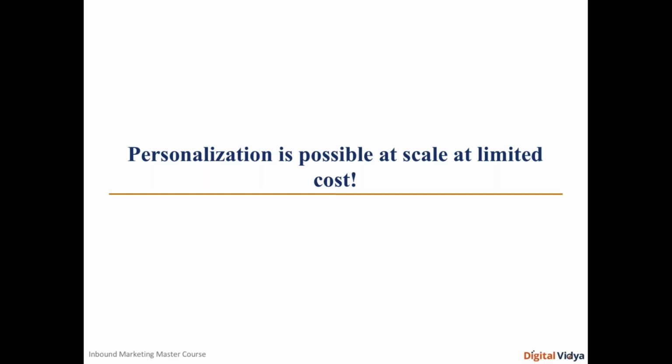Another example: let's say on MakeMyTrip or Yatra or Goibibo, when you're logged in to the platform, you were looking for flights from Bangalore to Bombay, and then dropped off without selecting any flight. Within 5 minutes, you will receive an email mentioning that you were looking for flights from Bangalore to Bombay, your price starts from this much. This is how the price chart looks for the next 1 week.